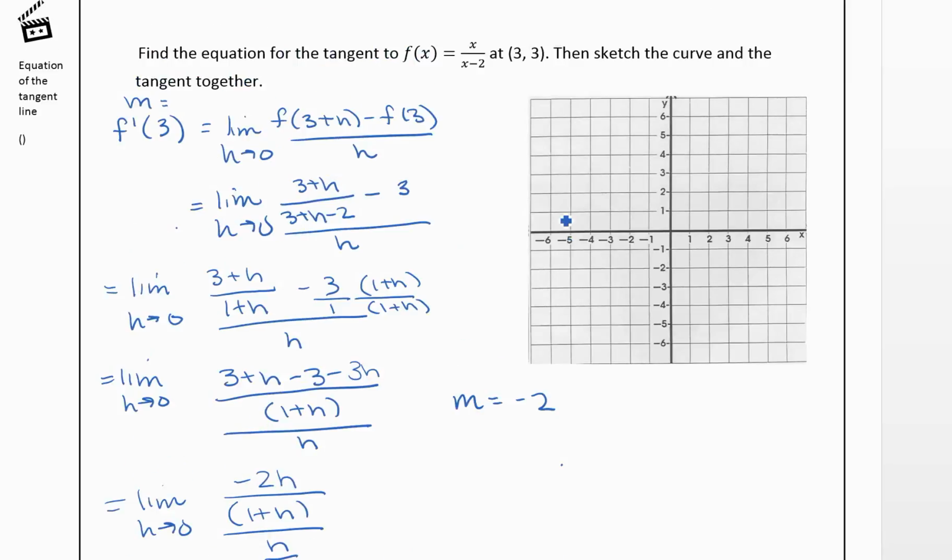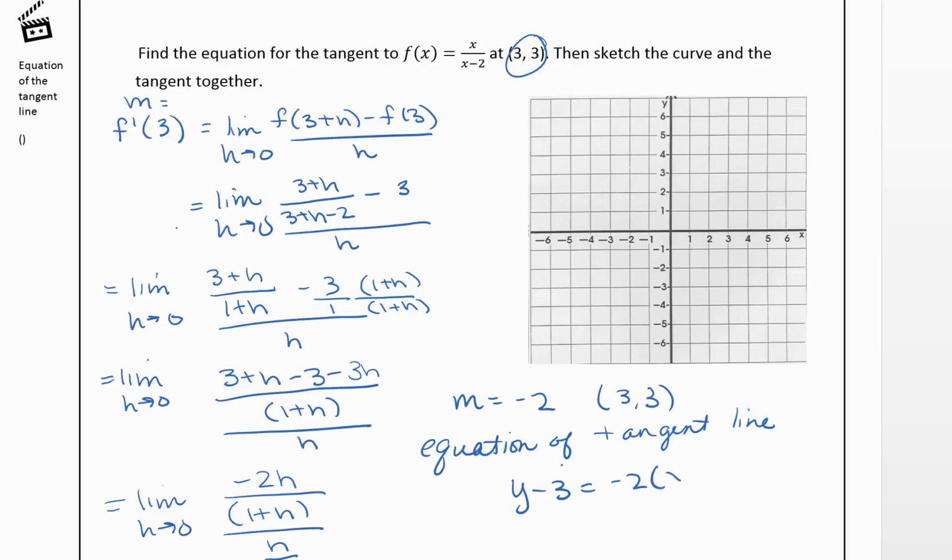Now, to find the equation of the tangent line, we're going to use the slope of negative 2, and we know it intersects at the point 3, 3. So we'll have y minus 3 equals negative 2 times x minus 3.